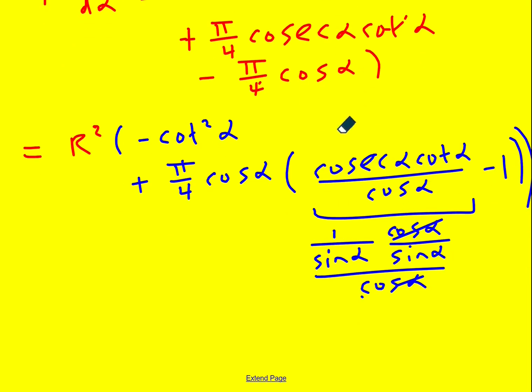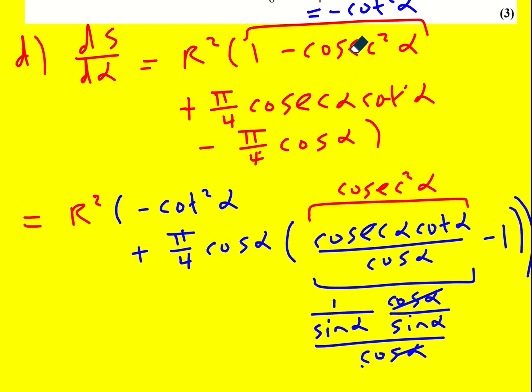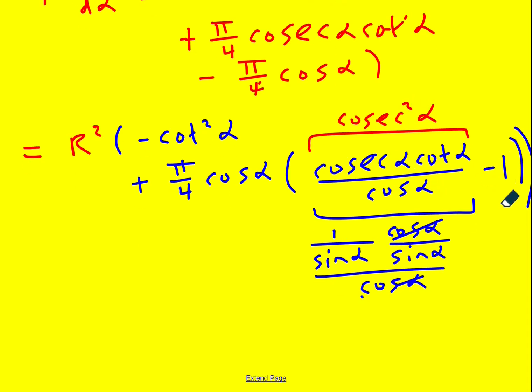So this thing here is actually going to be cosec squared alpha, and we just had that cosec squared alpha minus 1 is cot squared.